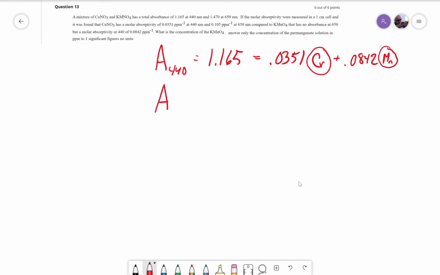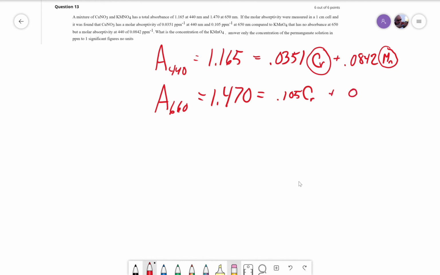The total absorbance at 660, which was 1.470, is equal to the absorbance of the chromate solution, 0.105, its sensitivity, times its concentration, plus 0.